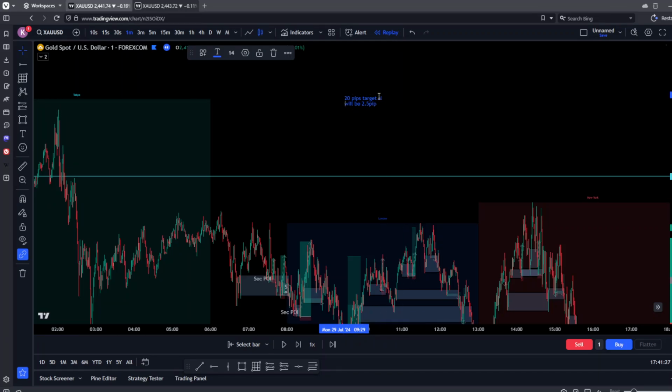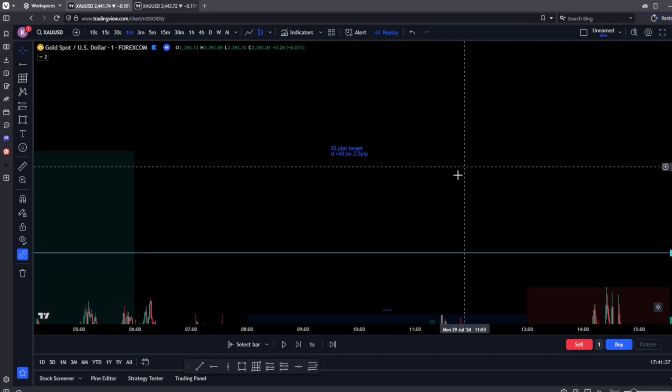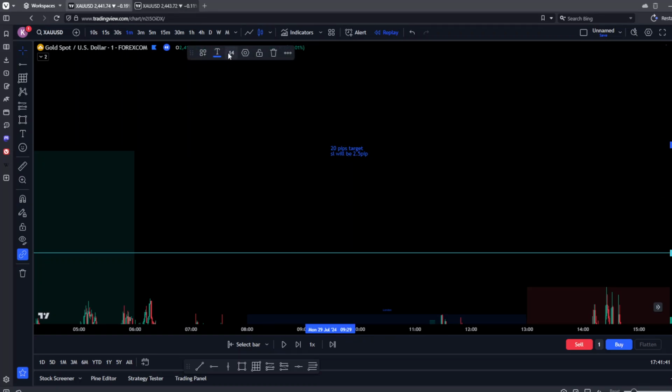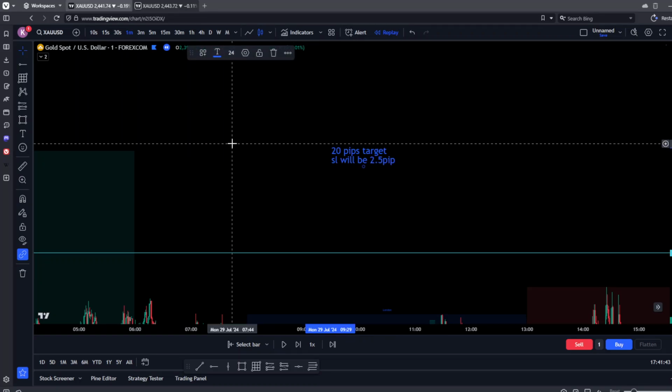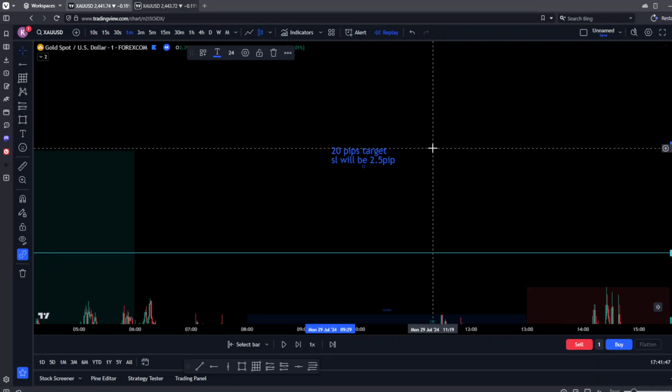Nothing too serious. I hope you can see this clearly. Maybe I should just increase the size. So 20 pip target, stop loss is 2.5 pip. Let me just show you what it means.